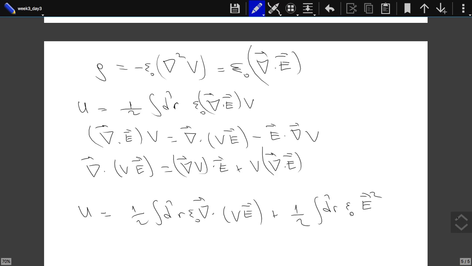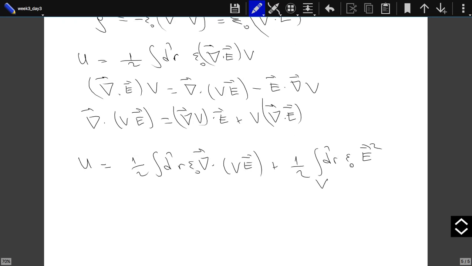What I did was minus the gradient of V is nothing but the electric field. So I have minus the gradient of V, which is the electric field, multiplied by the electric field, so that is electric field squared. So this is over a volume. This is also over the same volume.